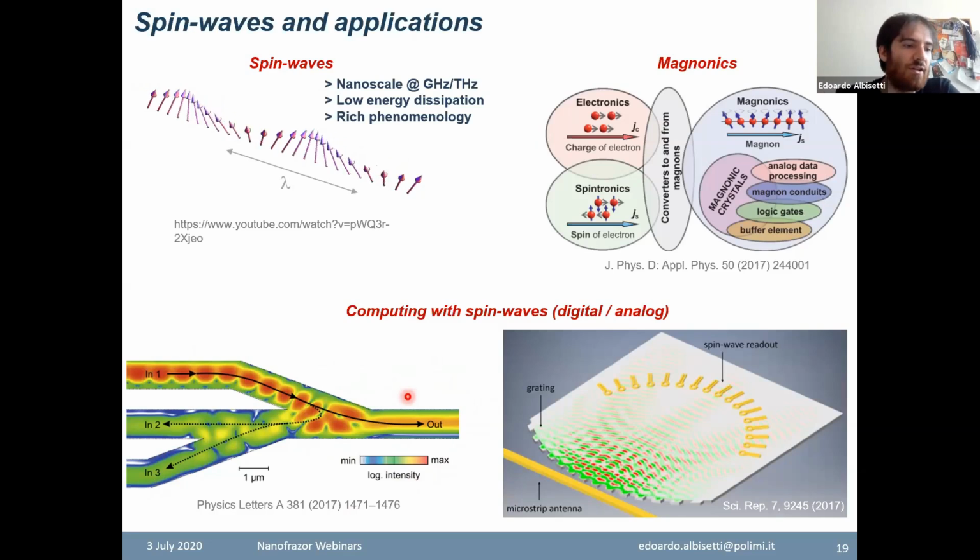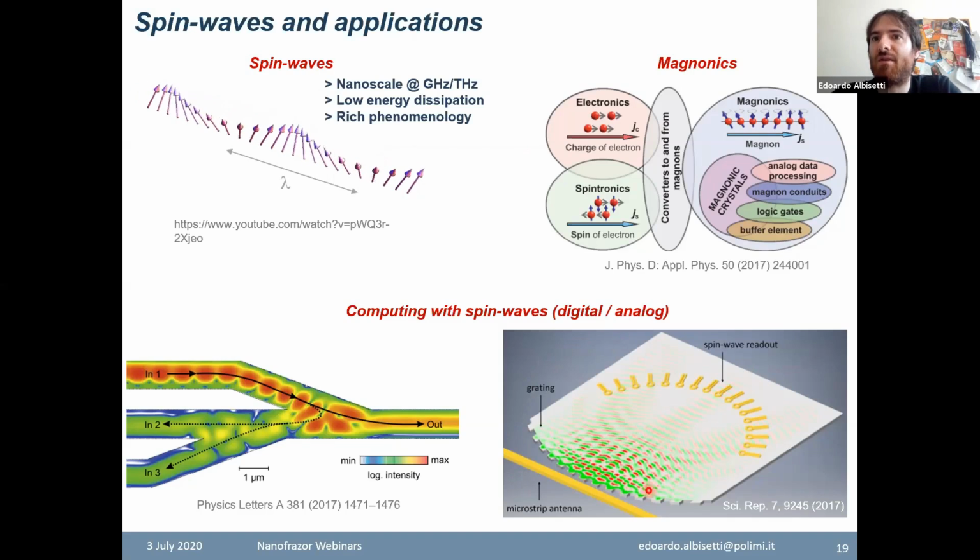Another paradigm is to use spin waves for analog computation. So instead of having a digital output, we have a whole continuum of amplitudes and phases, usually in an extended chip, so that we can use the extended spin wave interference figure to perform, for example, Fourier transforms or signal processing more in general.